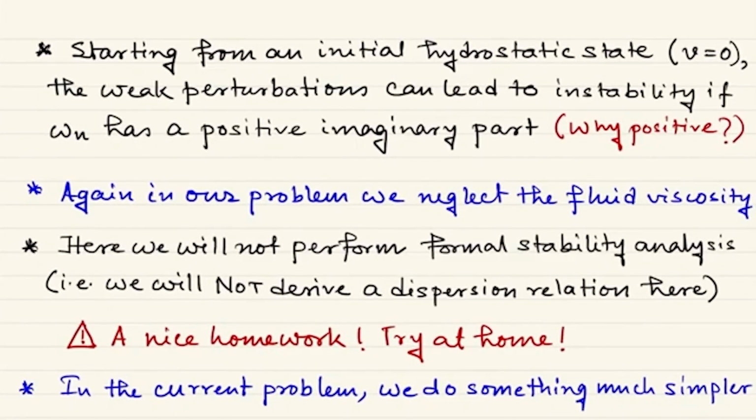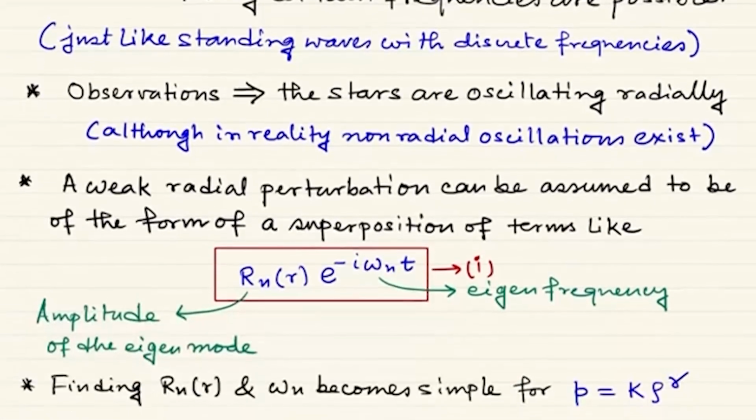So of course you understand that if we start from an initial hydrostatic state, which is of course a steady state as well, where V is equal to 0, weak perturbations can lead to instability if omega n has a positive imaginary part. Why? That is easy to understand.